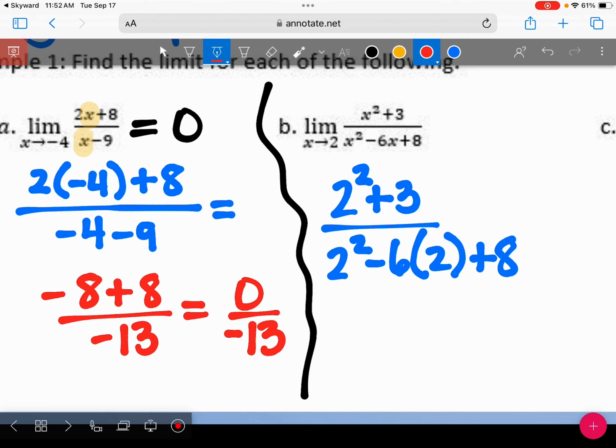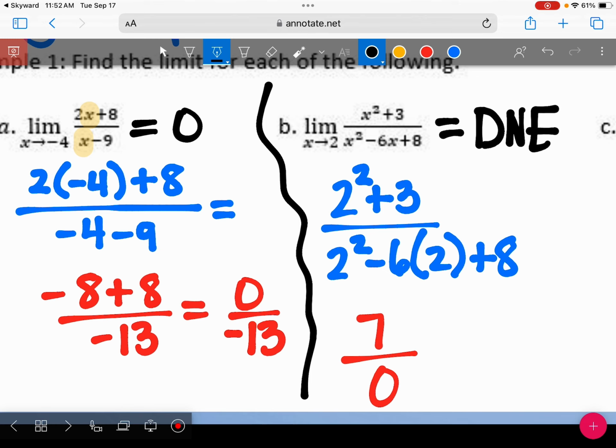So that would be 7 divided by 0. Can you divide 7 by 0? No. So when you get this, this is actually an error. So this is an example of DNE. So either a jump is happening there or infinite discontinuity is happening there. Something is happening at 2 in order for us to get a DNE. It's either a jump or it's an infinite.